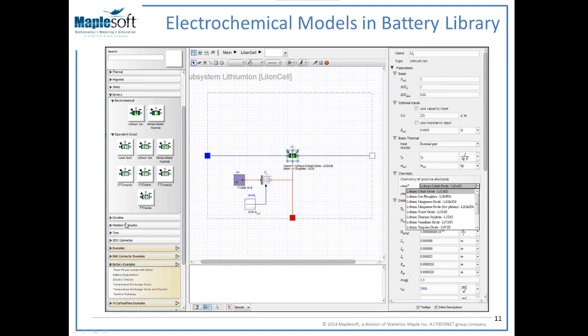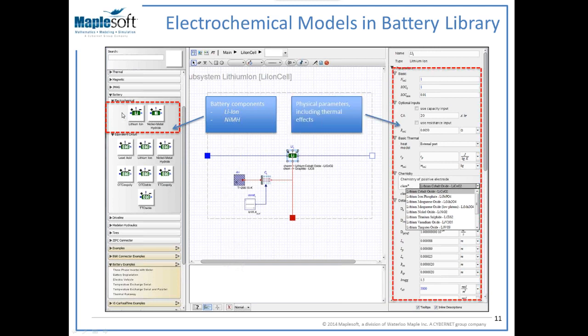So in MapleSim, the electrochemical battery model consists of two components. The first component is for nickel metal hydride battery, and the second component is for lithium-ion battery. So the behaviors of the electrochemical battery models are described by a large set of parameters.